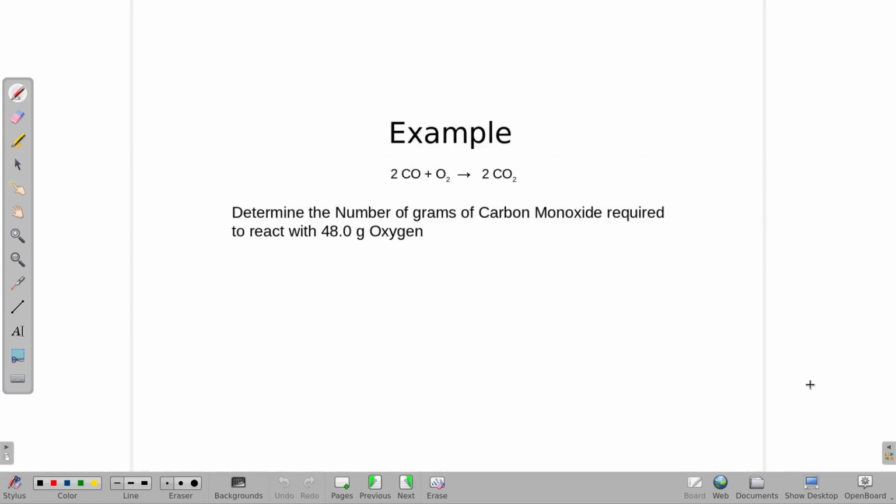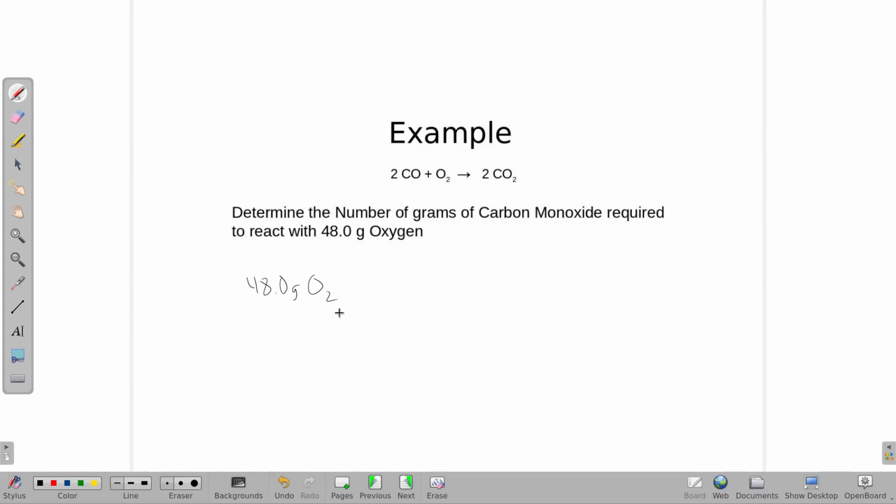Alright. More often than not though, we're going to give you masses. If you notice this one, it says 48 grams of oxygen, and the oxygen is O2 here. Well, we are going to do the exact same type of idea.